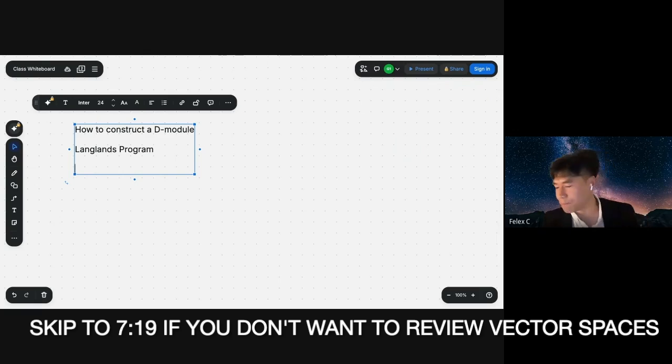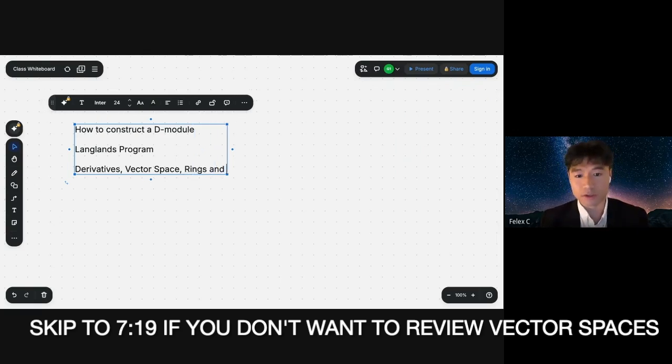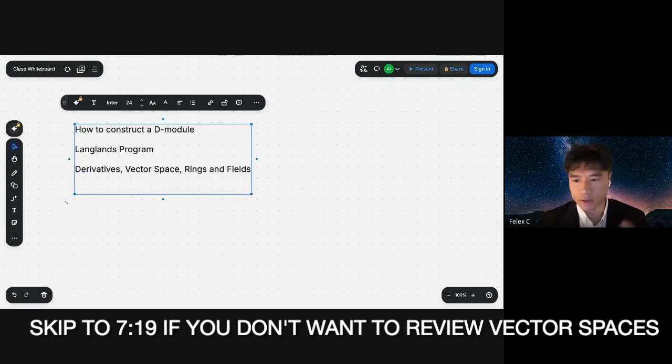And actually, it stems from using a little bit of calculus, a little bit of linear algebra, so some derivatives knowledge and some vector space knowledge, and a little bit of modern algebra, knowing something about rings and fields to construct a D module. The D stands for derivative, differential operator, whatever you want to call it.